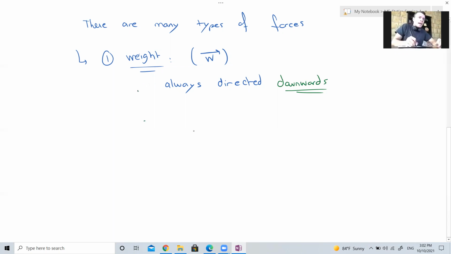So it always acts downwards. If you have this box like this, the weight acts downwards. Understood?